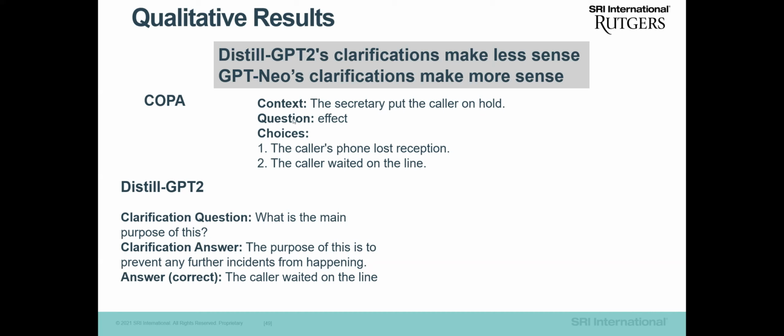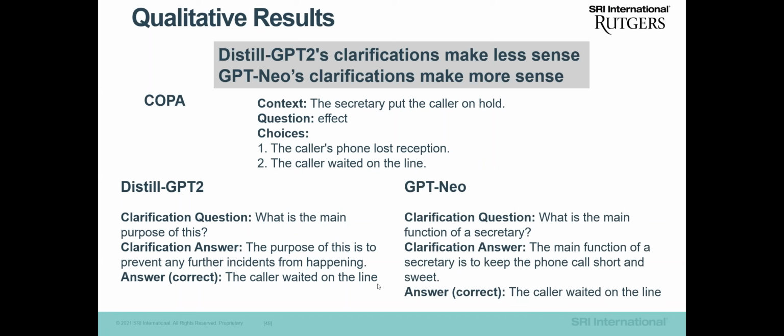So here you see an example of that. GPT-2 is giving a very stupid clarification. The purpose of this, the secretary put you on hold because to prevent other further incidents from happening, which is just nonsense. Whereas the large model says that the main function of a secretary is to keep the phone call short and sweet. So at least this is halfway related.